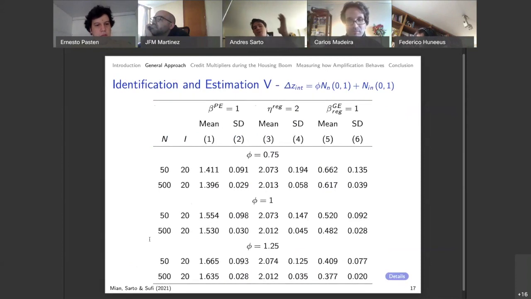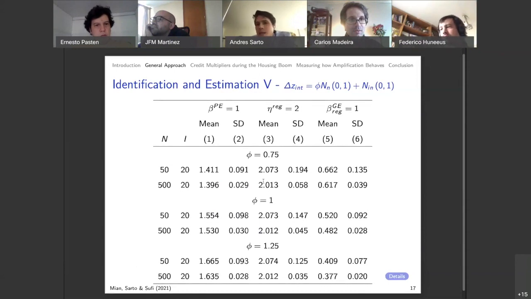And of course, if you're using county level data, you already get very precisely estimated regional elasticities, and you could lower the cross-sectional units to be 10 per group or per region and so on, and this wouldn't change a lot. The partial equilibrium effects are also very precisely estimated. I'm not showing them here because I didn't want to include 2 more columns, but they are very precisely estimated.